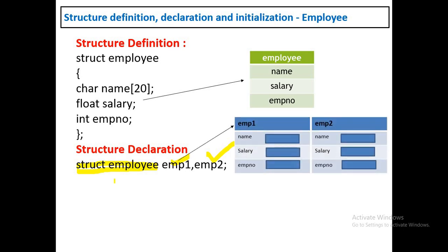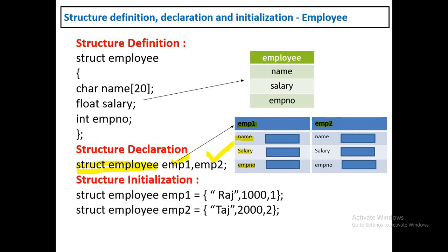The next step is structure initialization. After declaration, employee 1 and employee 2 will have the different structure members, and correspondingly they will have memory allocated. After that, for initialization, we have to mention struct employee.